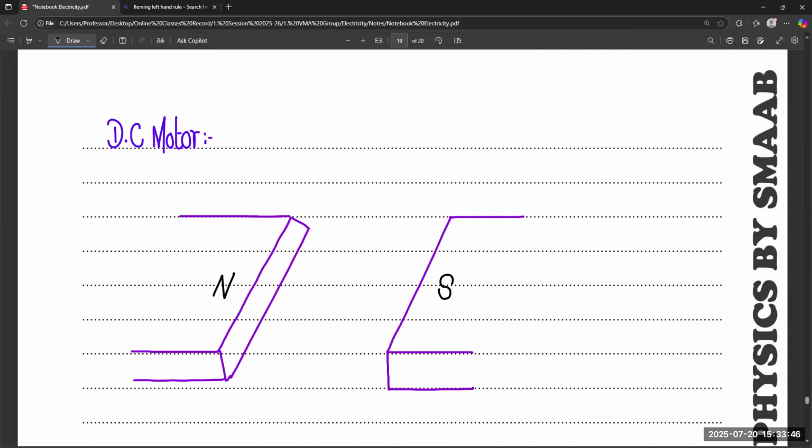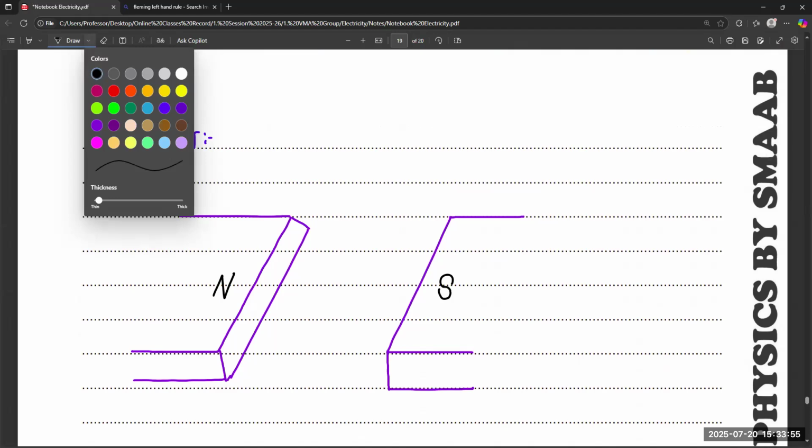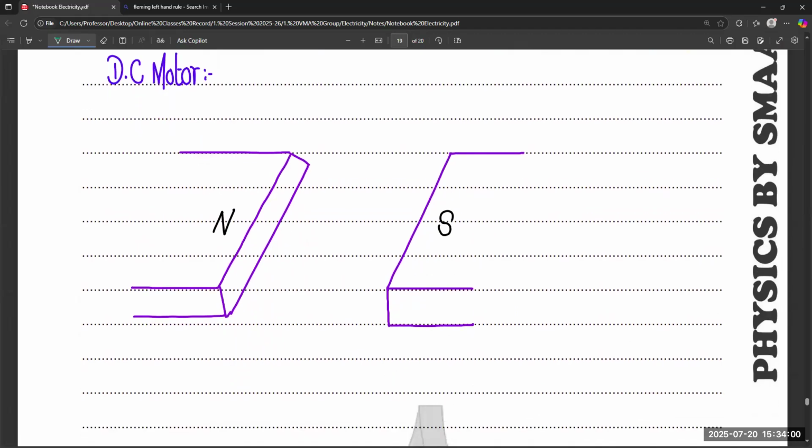Now, basically in the motor, we have a proper coil. Now we are not using one single wire, we are using a coil. So let's suppose we have to place a coil in the middle. So this is the coil.